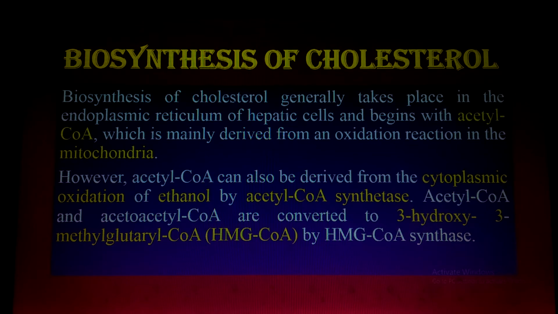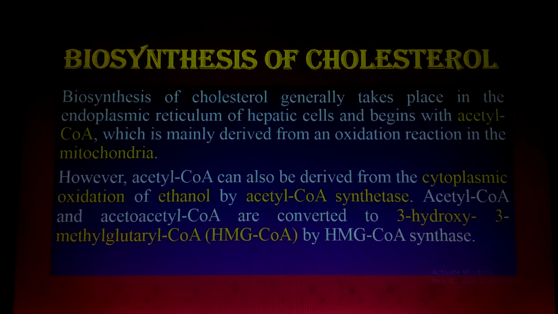However, acetyl coenzyme A can also be derived from the cytoplasmic oxidation of ethanol. The first source, which we are familiar with, is the mitochondrial oxidation reactions, like before the Krebs cycle, where acetyl coenzyme A is produced and enters the cycle. So acetyl coenzyme A is produced in the mitochondria, and the other source in the cytoplasm is ethanol, by acetyl coenzyme A synthase.